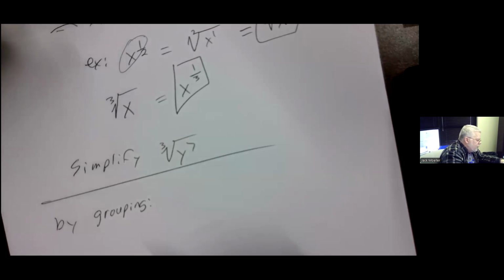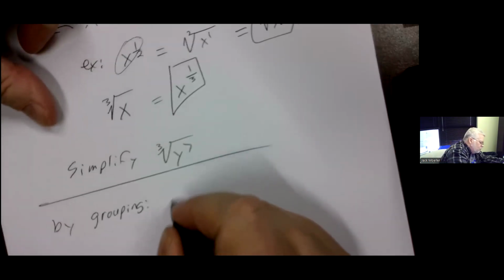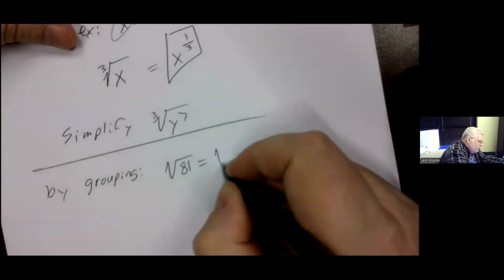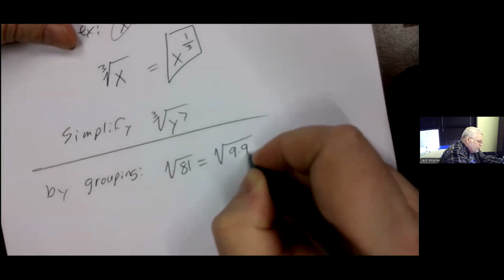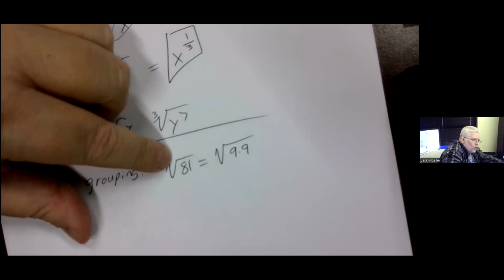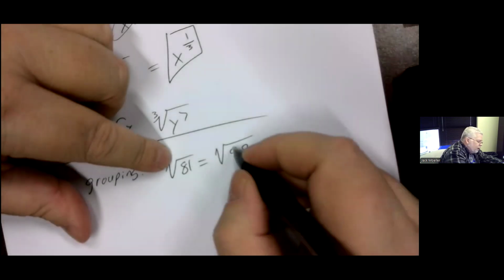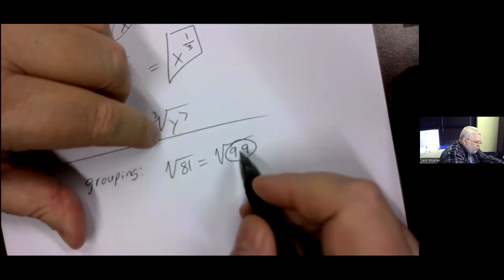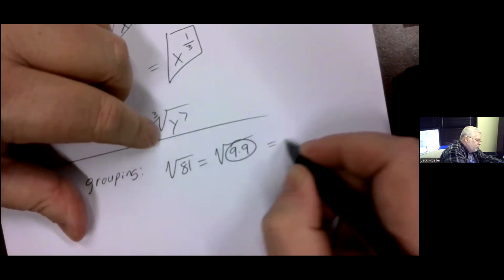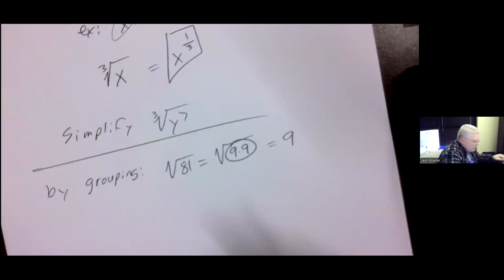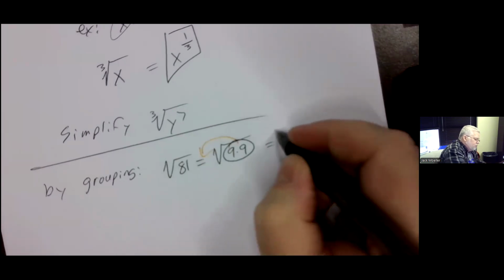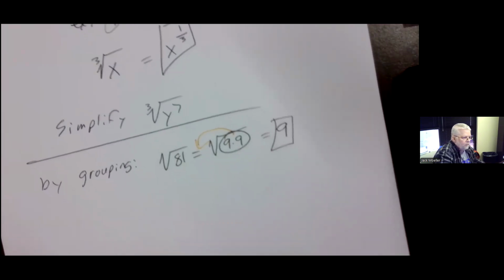Let me back up with that 81. If we did it by the grouping method, we know that 81 is 9 times 9. Since it's a square root, we're looking for pairs. So I have a pair of 9s, and since I have one pair of 9s, one is going to get pulled outside the radical, and then there's nothing left. That's why the answer is just 9.